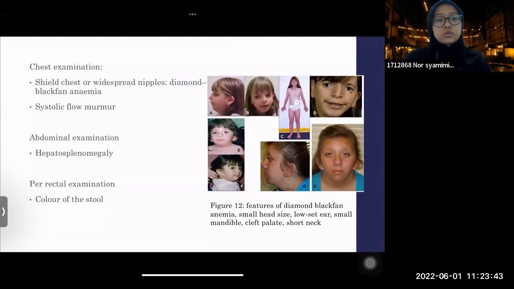And also don't forget to do the perianal examination to look for the color of the stools. And then figure 12 here, I put the features of Diamond-Blackfan anemia, which is an anemia that falls under the red cell aplasia. It's actually a rare inherited blood disorder that affects the ability of the bone marrow to produce red blood cells. Okay, next.